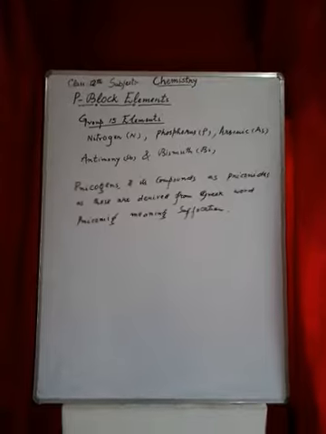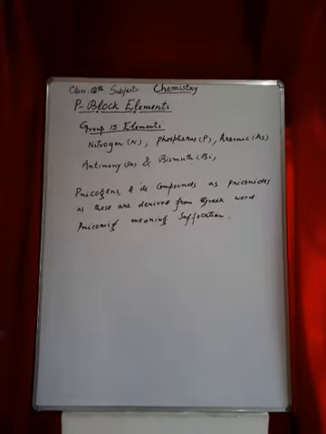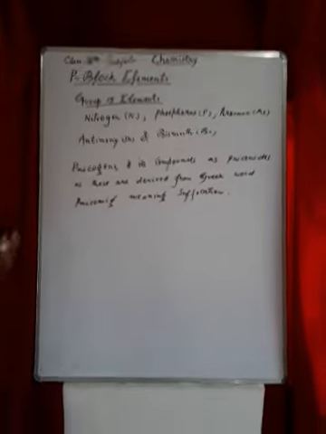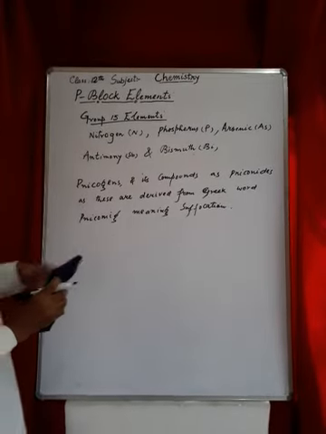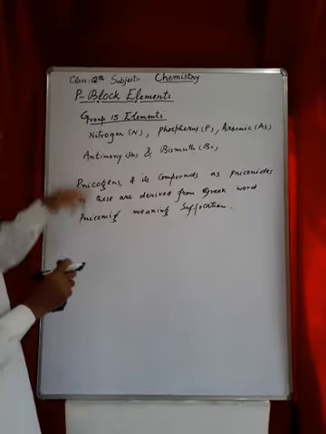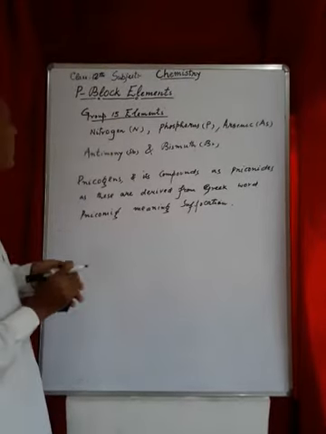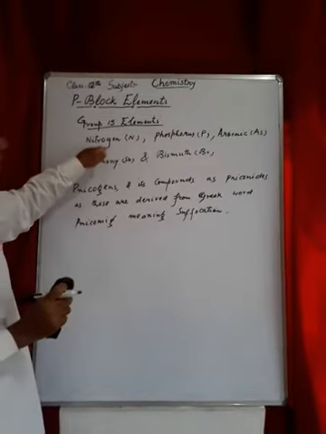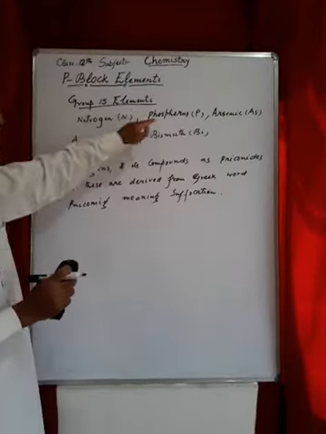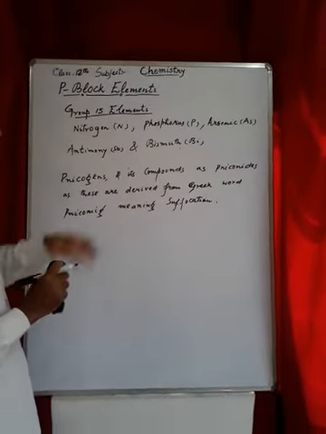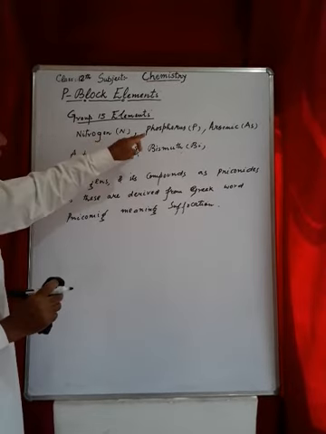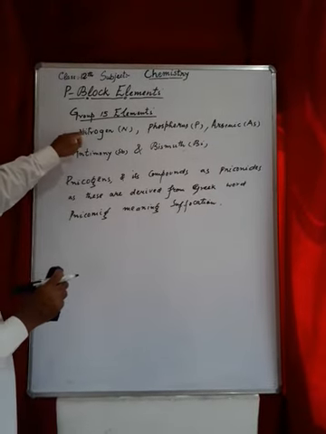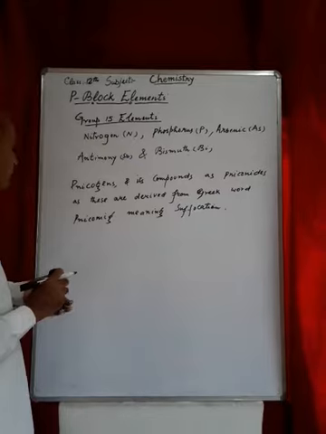Now, the occurrence of these elements. These group 15 elements are also called the nitrogen family because the other elements follow nitrogen, which is the first element of group 15.